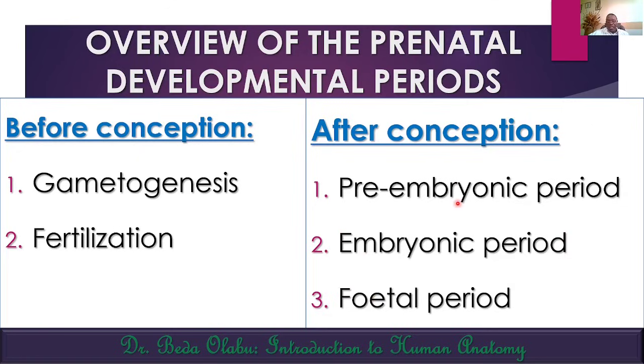Now, in terms of bulk, this embryonic period of development has a lot, because it's the one that explains to us more about the development of each organ system in the body. So, over 90% of books of developmental anatomy are dedicated largely to the embryonic period of development according to the different organ systems.